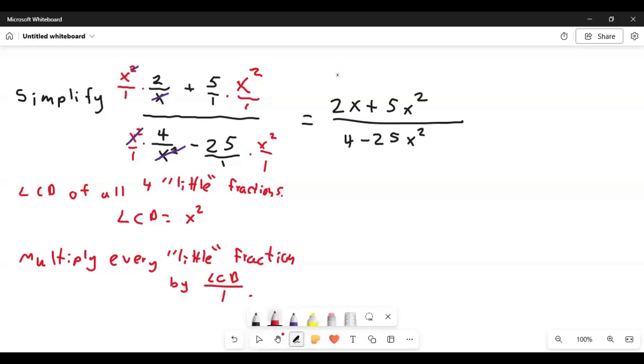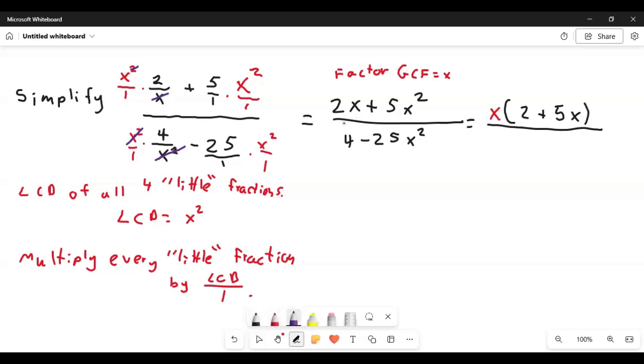Now, let's factor on the top and on the bottom. On the top, let's factor out a GCF of x. Which leaves you with x times the parentheses of 2 plus 5x.